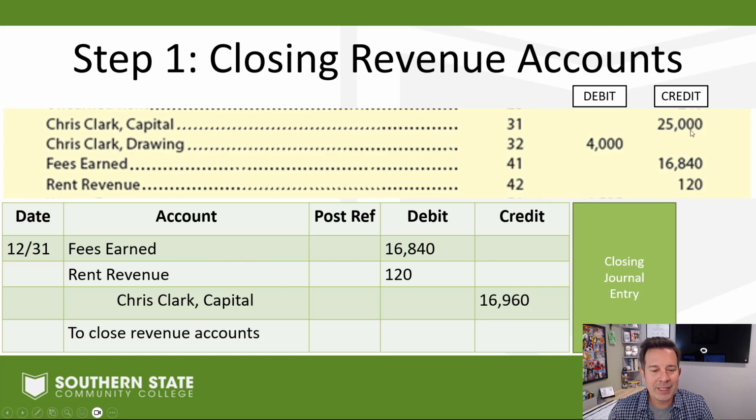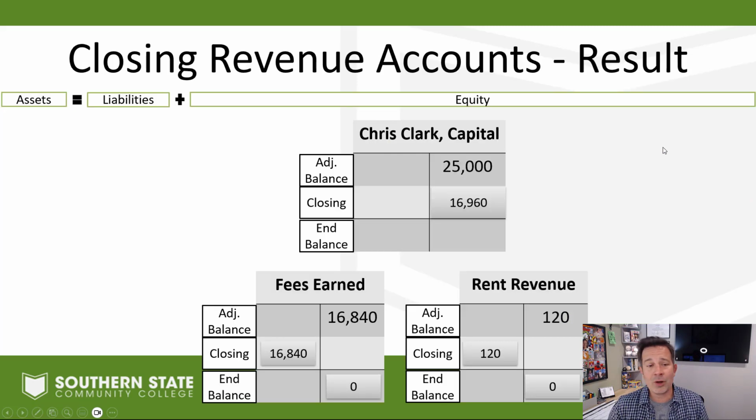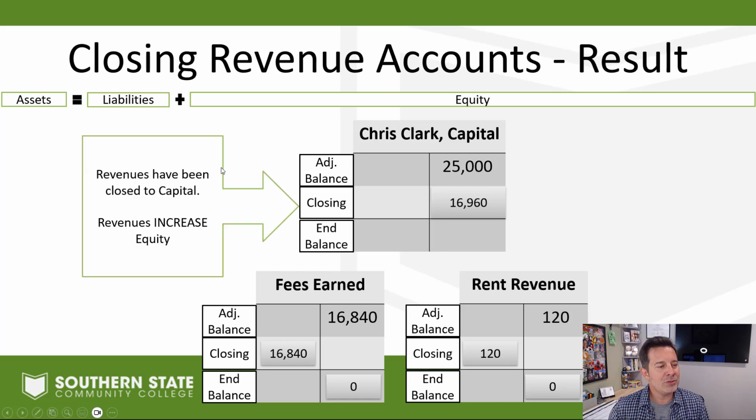Revenue accounts going into capital. You can see we're debiting the 2 revenue accounts to knock them to zero, and we're dumping them into capital. And that will close out our revenue accounts. You can see right here, revenues have been closed to capital. That is going to increase our equity. Revenues increase equity, don't they? And you can see right here, they're zeroed out. We just did the opposite to zero out the accounts right there.